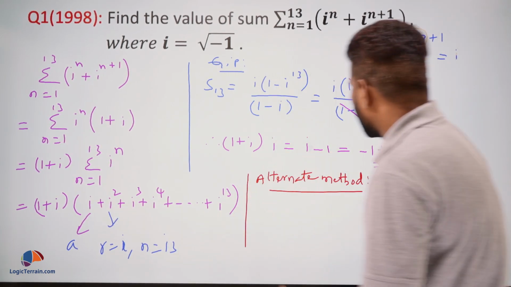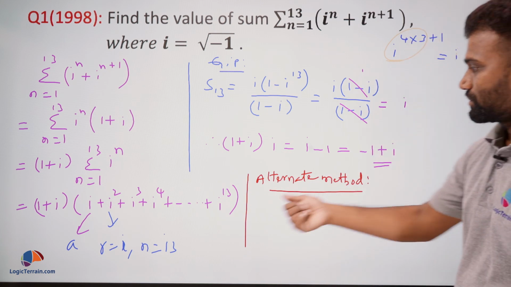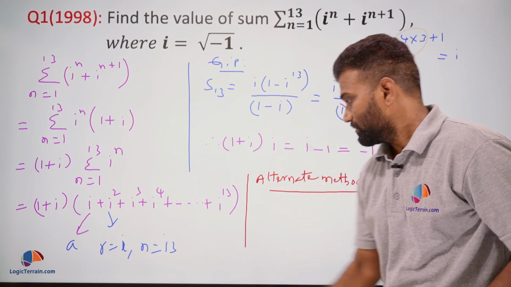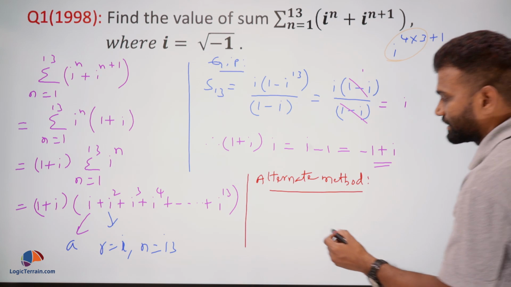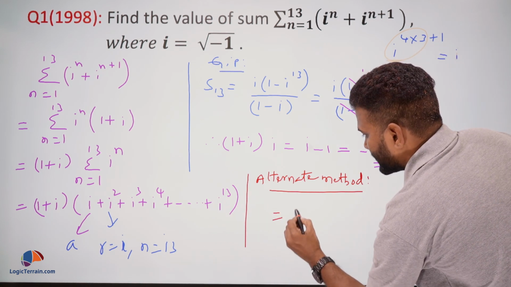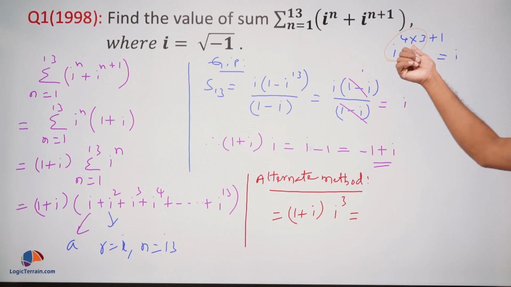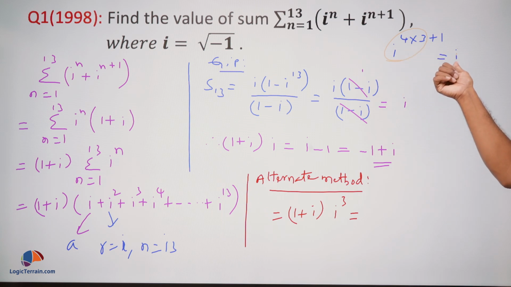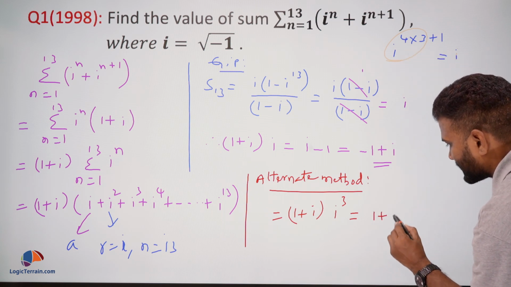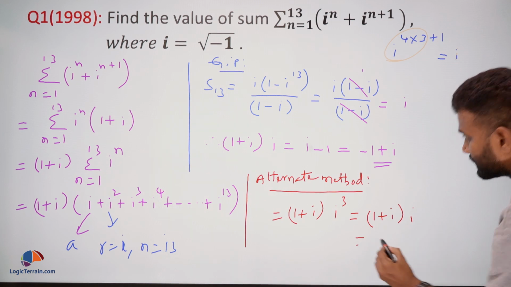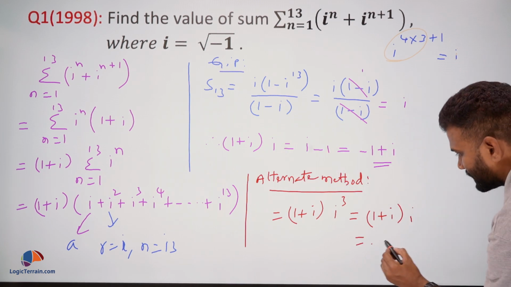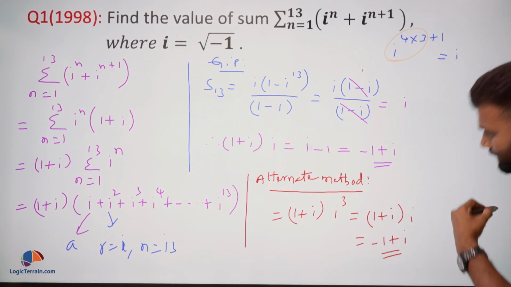In this we have 4 sets of i's, so up to 4 we will get 0 and we are left with i to the power of 13. So which is equal to 1 plus i into i^13. Just now we have seen i^13 is i, that is 1 plus i into i. So when you multiply this, you will get negative 1 plus i.